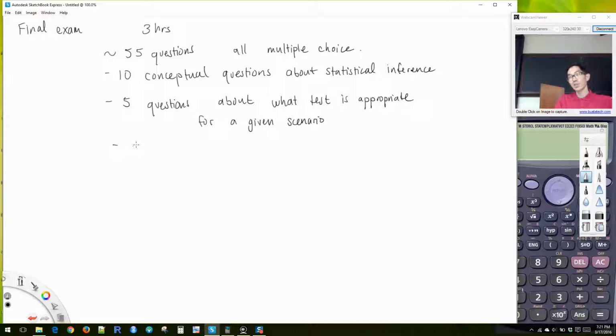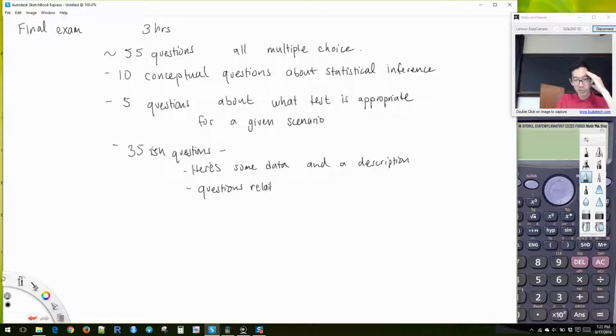And then the bulk of the test is going to be 35-ish questions, which is going to be, here's some data and description, and then questions related to performing some kind of statistical inference.